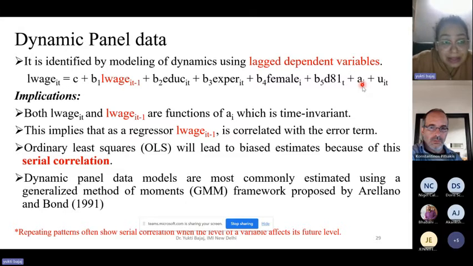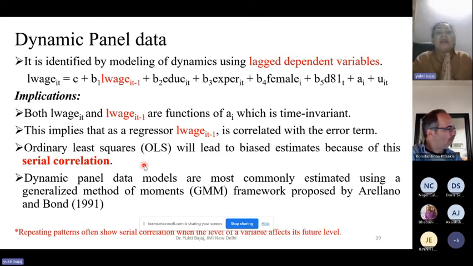So this impacts this also, and this impacts this also. So there is endogeneity in the model, of course, for sure. And there's another thing which we call serial correlation. Serial correlation means there's a repeated pattern in the model now because of the presence of lagged values of the dependent variable. This also leads to biased estimates, which we do not want.